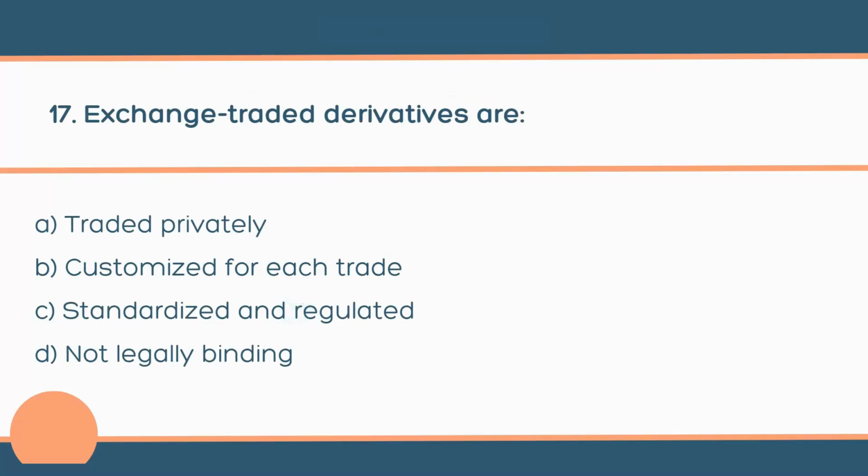Exchange traded derivatives are standardized and regulated because they follow strict rules, are traded on platforms like NSE, BSE, and involve clearing houses. So the answer is C, standardized and regulated.